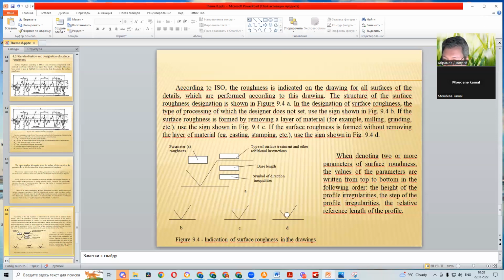When denoting two or more parameters of surface roughness, the values of the parameters are written from top to bottom in the following order: the height of the profile irregularities, the step of the profile irregularities, the relative reference length of the profile.